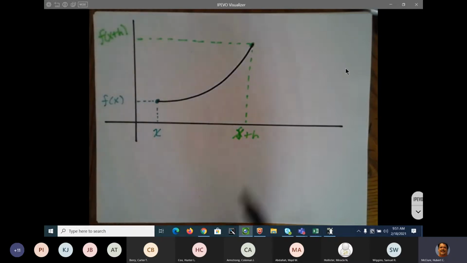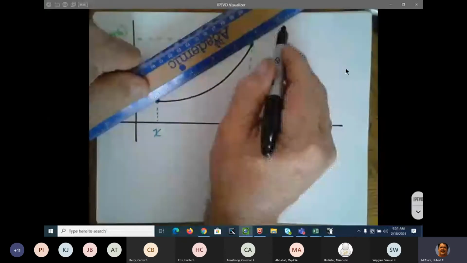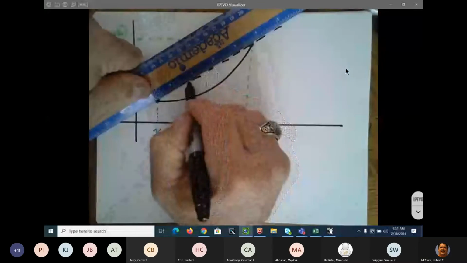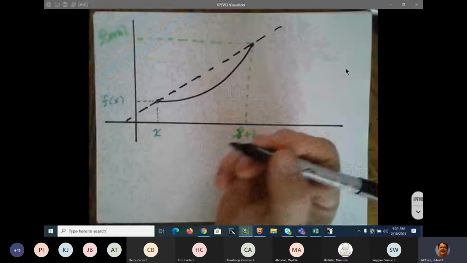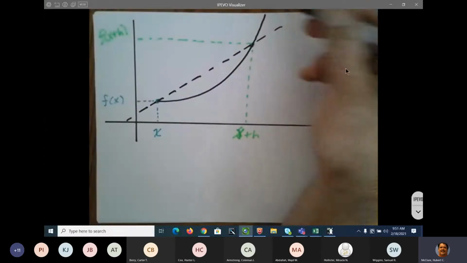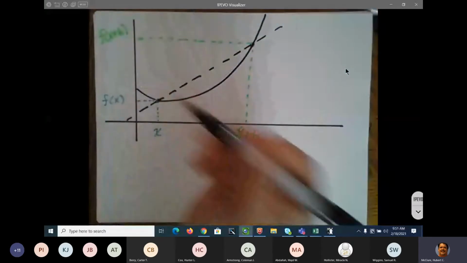Now, I want you to write that down because it's very important that you understand that. If you connect those two dots, that line is inside the curve, which is called the secant line. And I'm going to draw this curve on up here like this so you can see that we're dealing with a curve.